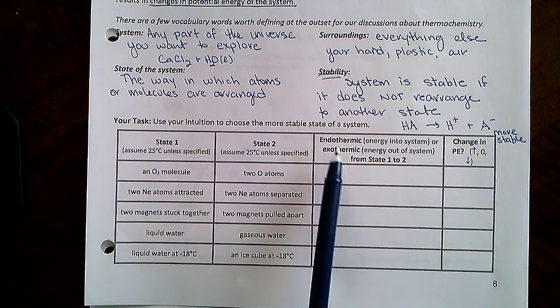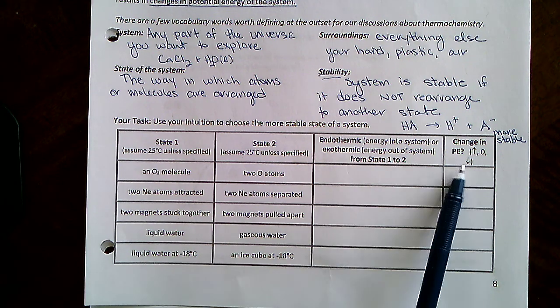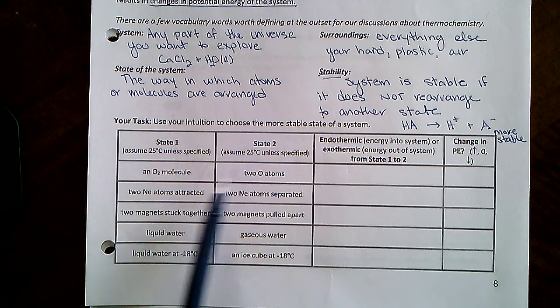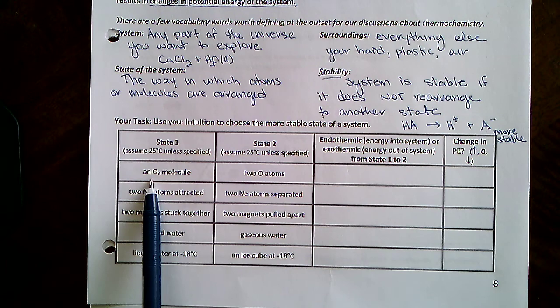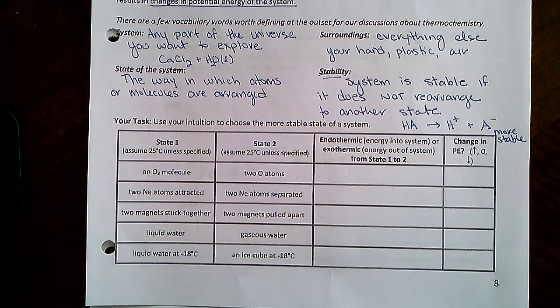And I would like you to think about, is the process of change exothermic or endothermic? And how might potential energy be changing? So take a moment, maybe pause the video, and just think through which state is more stable, 2 separated oxygen atoms or an oxygen molecule where the 2 atoms are bonded together. What's more stable, gaseous water or liquid water?